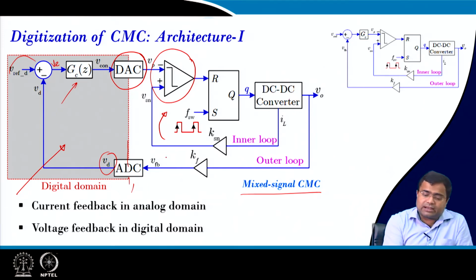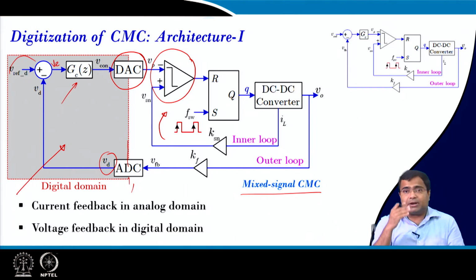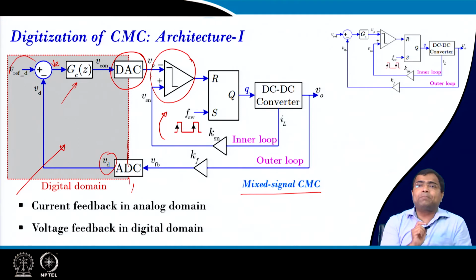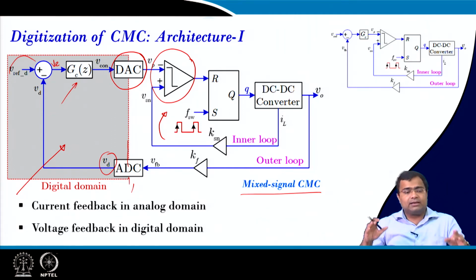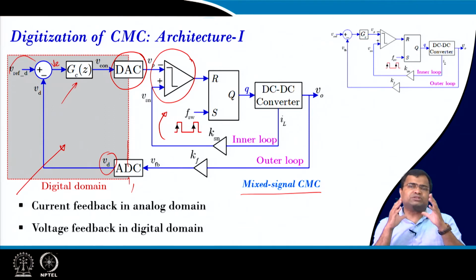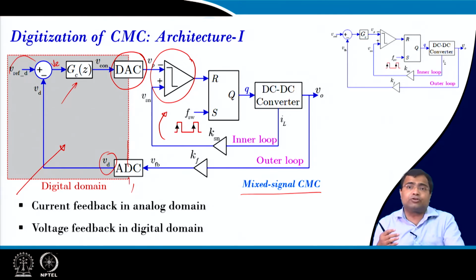Another issue, since we are sensing the inductor current, there can be noise in the current, particularly switching noise, that means when the switch turns on and off, there will be some spike, and this is compared with the analog version of the digital signal, which will be constant if you take one sample per cycle. Because we have discussed in the previous lecture, if we take one sample per cycle, there can be delay, then the voltage loop will be updated once in a switching period, that means throughout the switching period it will be constant, and the controller will also be computed in synchronism with the clock.